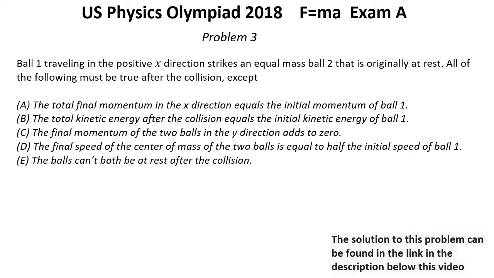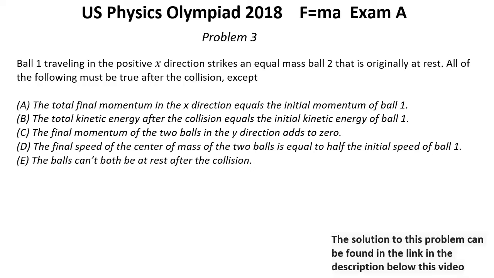C. The final momentum of the two balls in the y direction adds to 0. That's correct because the initial momentum in direction y is 0. And we have momentum conservation.